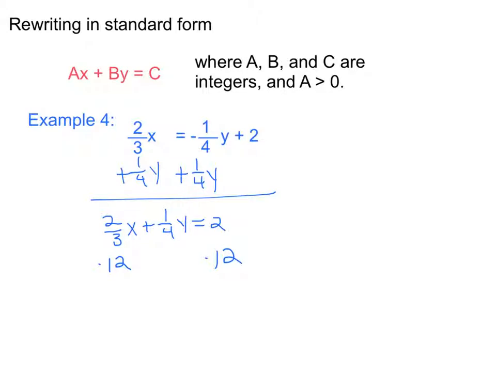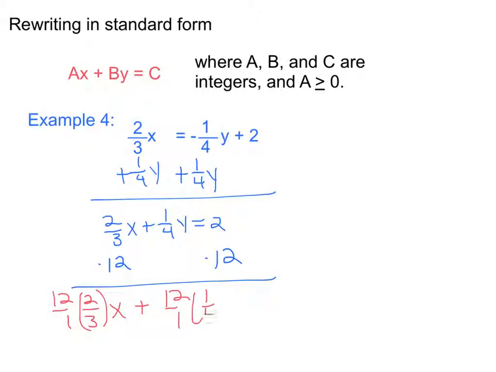So if we do that, we will get 2/3 times 12. So we're going to be able to cross-reduce there, x plus 12/1 times 1/4, and we already know that's going to reduce to 3, equals 24. So we're going to be able to cross-reduce here.